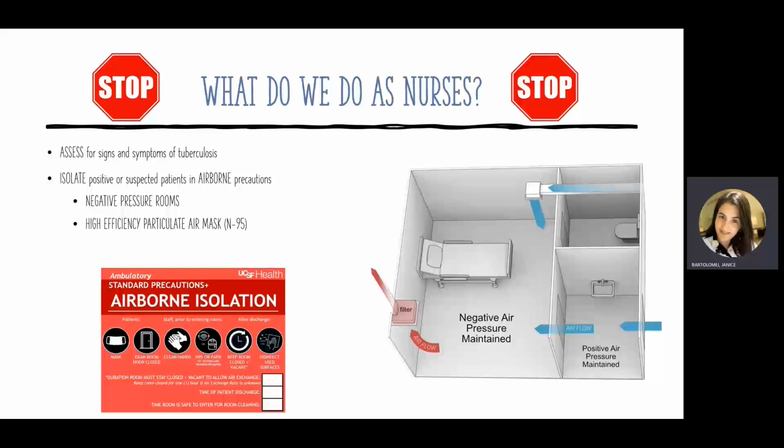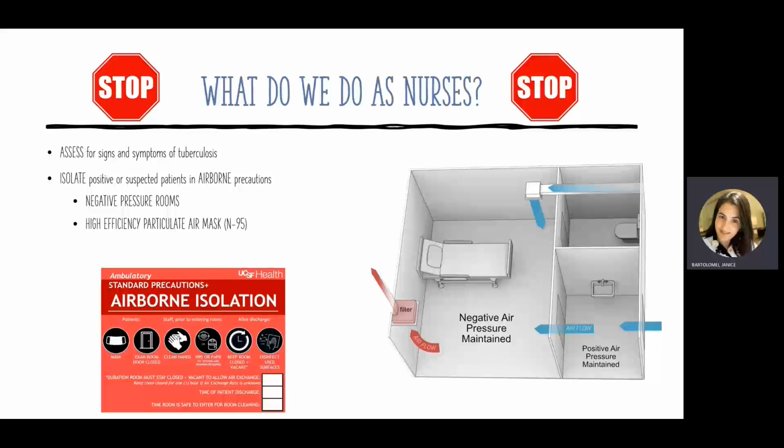And we put them in airborne precautions, which means they're going to be in a gown with an N95 respirator mask. They're put immediately in a private room that is a negative pressure room. A negative pressure room filters the air.